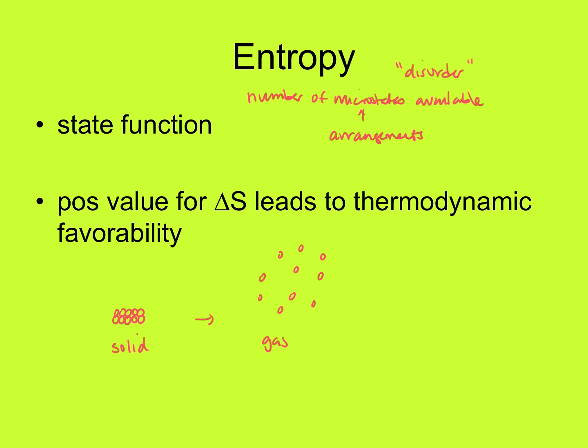When they're in a solid state, they're packed very tightly together. There's less room for variability. Whereas with the gas phase, this particle right here could be over here, over here, over here. This particle could be over here, over here, over here. But in a solid state, they're much more limited. So in this case, the first diagram would be considered lower in entropy because it has fewer microstates available.